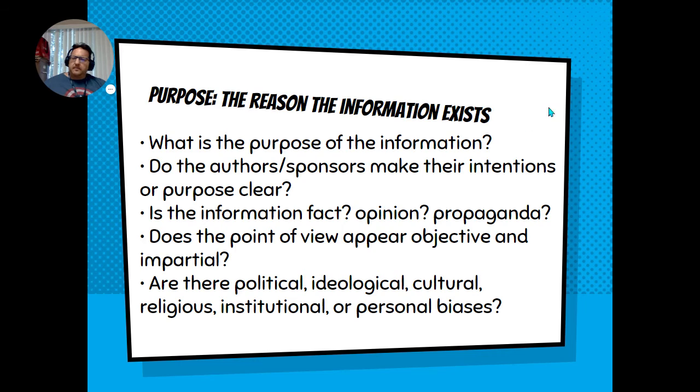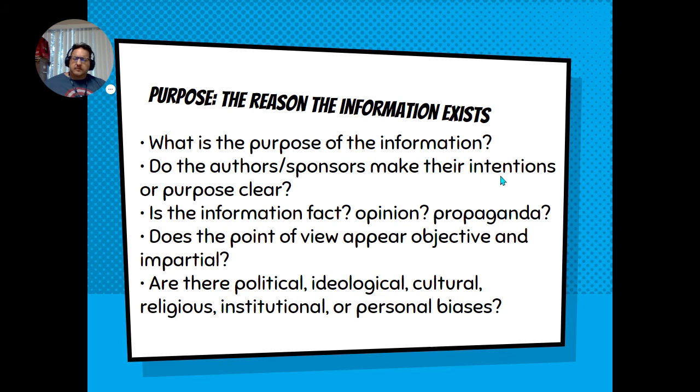And finally, purpose. What is the purpose of the information here? Why are they doing what they're doing? Is the idea to advocate? If so, it's probably more opinion-based. Is it factual? And is it impartial, neutral toward both sides?